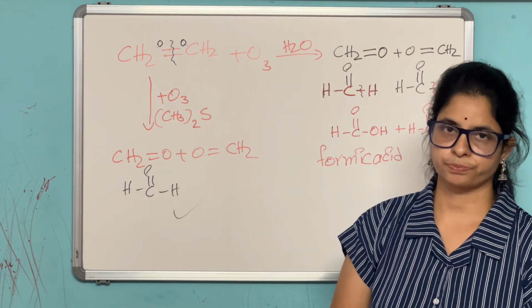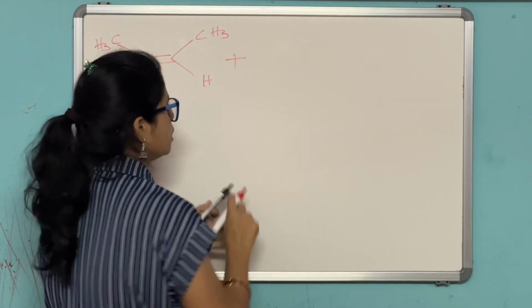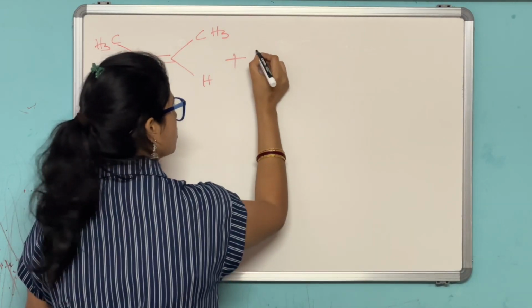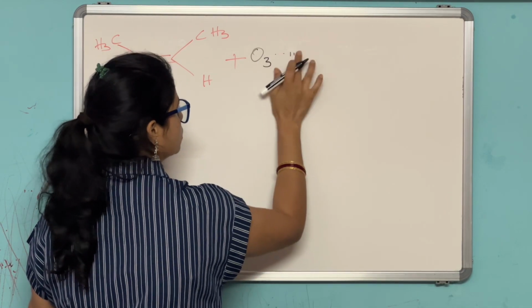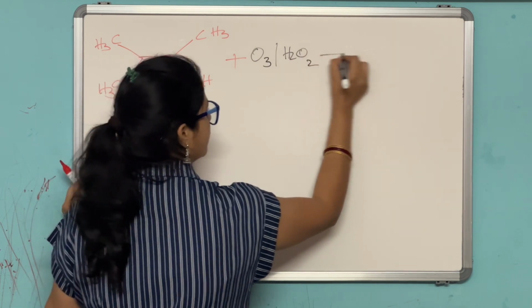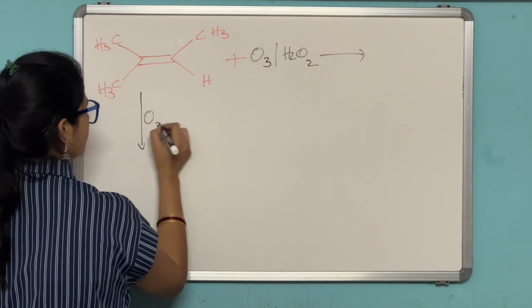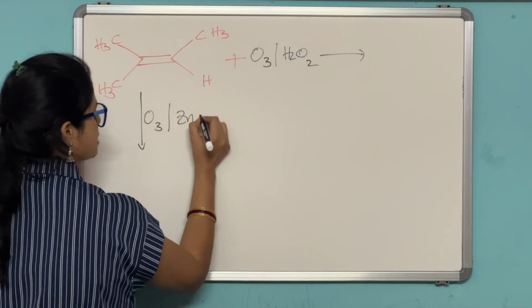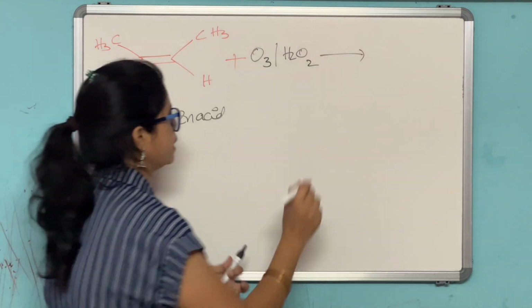This is the way of writing products. Okay, so next we'll discuss another example. Here also we'll take 2 conditions. One is oxidative cleavage, O3 plus H2O2. Write down the products. First identify that it is an oxidative cleavage.